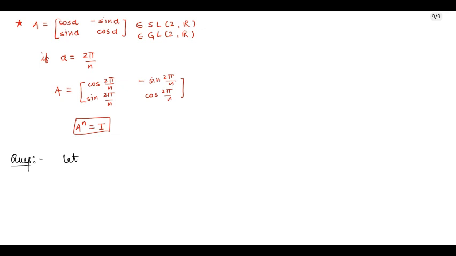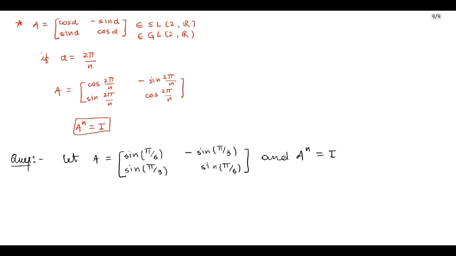Let a matrix A be [sin 5 pi by 6, sin pi by 3; minus sin pi by 3, sin 5 pi by 6], and A to the power n is equal to identity.